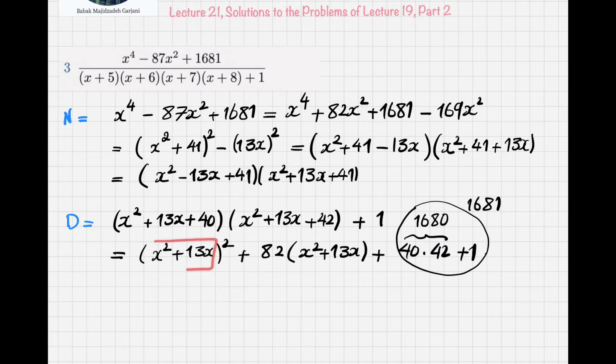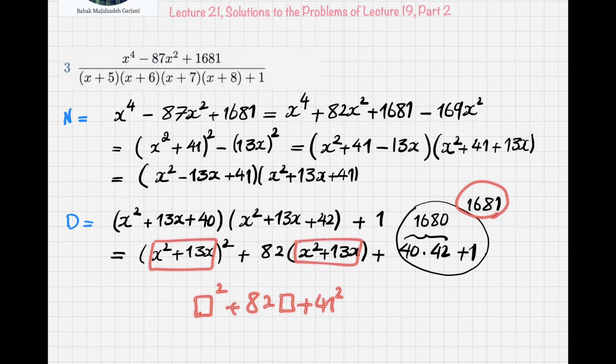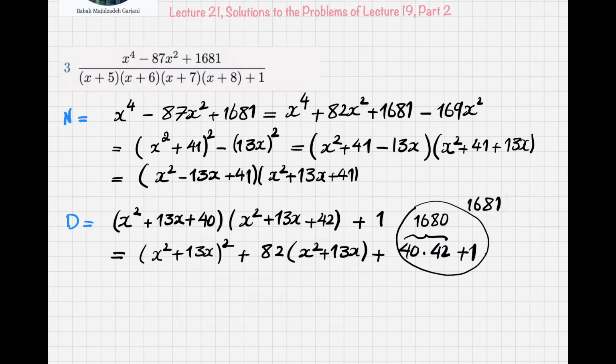So if I take this a box, this is still a box, so it becomes box to the 2 plus 82 box, and then I have a 41 to power 2, because 1681 is 41 to power 2. And then you realize that this is a quadratic pattern again. Yes, so what I can do, I can write it as x squared plus 13x plus 41 to power 2.